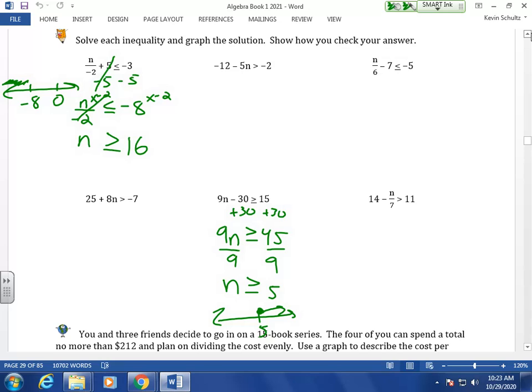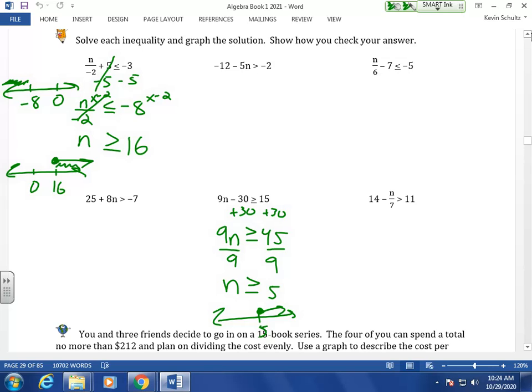So think of where 16 is. Here's 0, here's 16. We've got to be going away from 0. If we kept our symbol less than or equal to, we'd be going towards 0. That's not what's happening here. We're going away. Okay? So it's going to be a closed circle at 16 going to the right. That's why we switched that sign, to keep that relationship going. Yes?